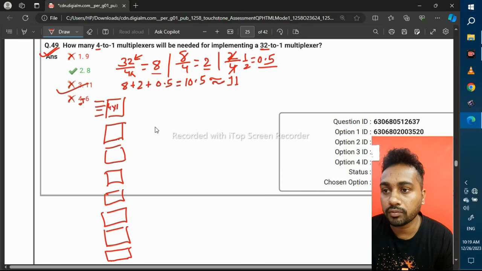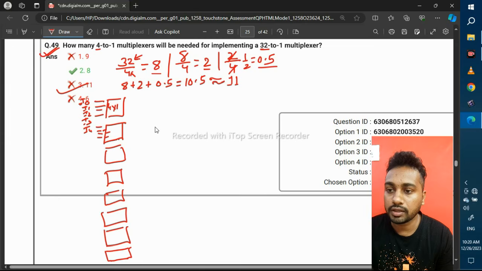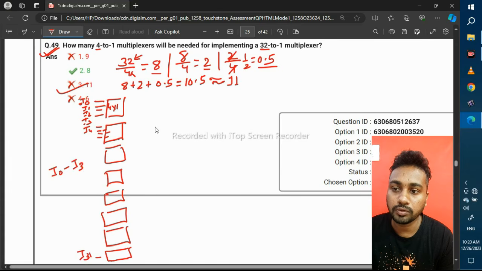So it will start from I0, I1, I2, I3, then I4, I5, I6, I7, like that up to the last, I31. So I0 to I31 inputs, total 32 inputs.